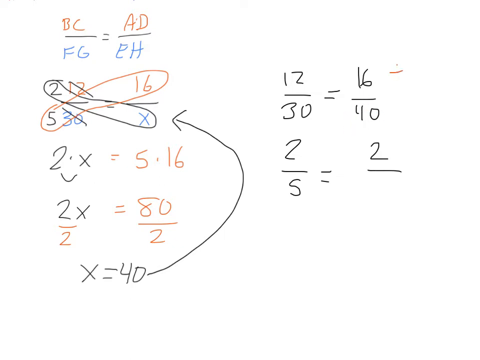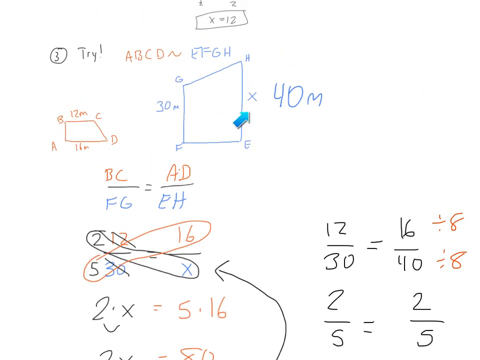So again, I'm dividing both of these by 8 to simplify. Well, 40 divided by 8 is 5. And you know what? When you simplify both these fractions down, these ratios, guess what? You get 2/5. So that means we did our work correctly. And that means that this side here is no longer unknown. We solved it, and it's 40 meters.